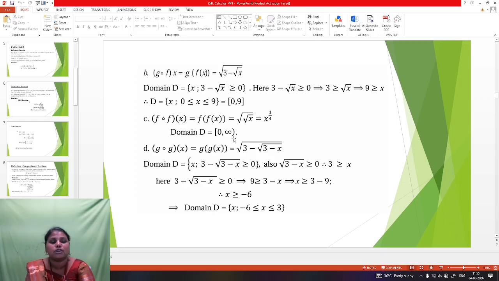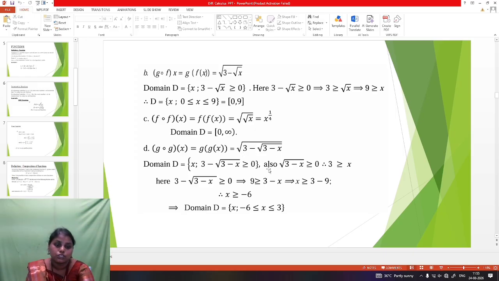g composite g of x equals g of root of 3 minus x, which is root of 3 minus root of 3 minus x.